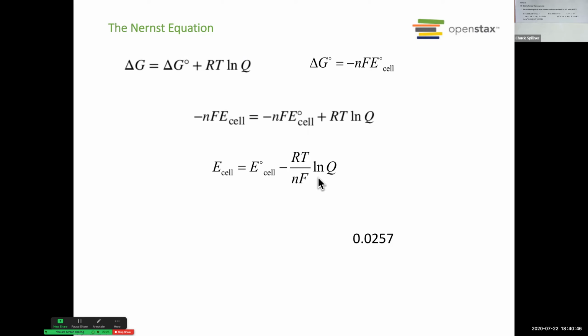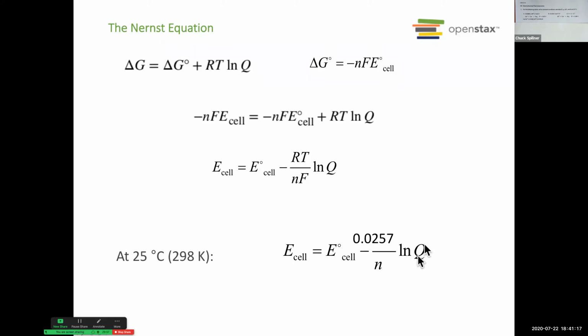At 298 degrees, the equation becomes E cell equals E standard cell minus 0.0257 over n times log Q. The temperature of 298 degrees is just room temperature. Remember, the standard cell potential E naught cell occurs when the solution concentrations are both 1 molar.